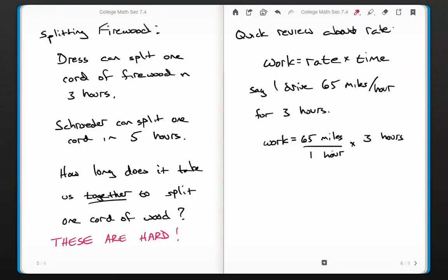I've got hours on the bottom here and hours on top here. Those actually cancel out. And what I get is work equals 65 times 3 is 195 miles. So I take my rate times my time, and that says how much work I did.